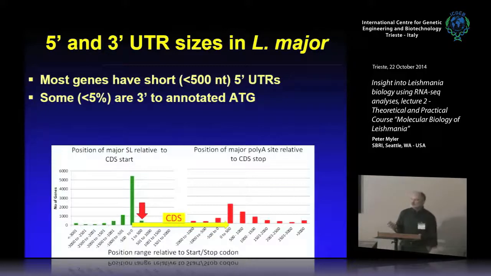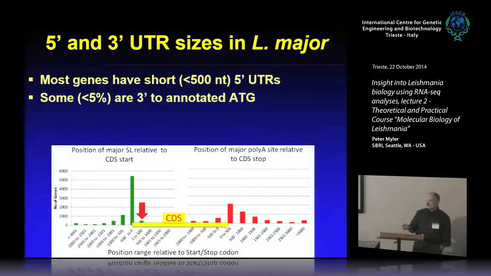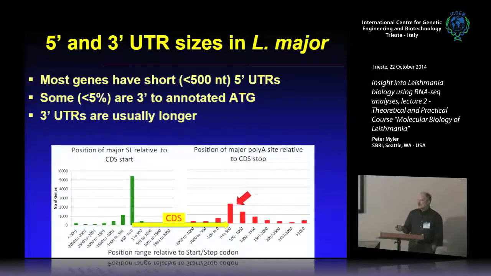What we generally did was call the longest open reading frame, that is, the first ATG in the open reading frame, and in about 5% of the cases, that's actually not used. So obviously you can't translate this gene into that protein because the RNA doesn't go out far enough. The 3' UTRs were usually a little bit longer, so there's a lot more of them in the 500 to 1,000 base pair range.